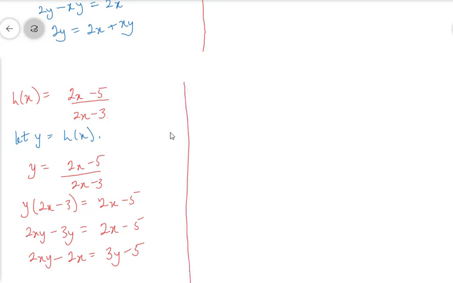Now I can factor out x. Factoring x out, I get x times 2y minus 2. This is equal to 3y minus 5.